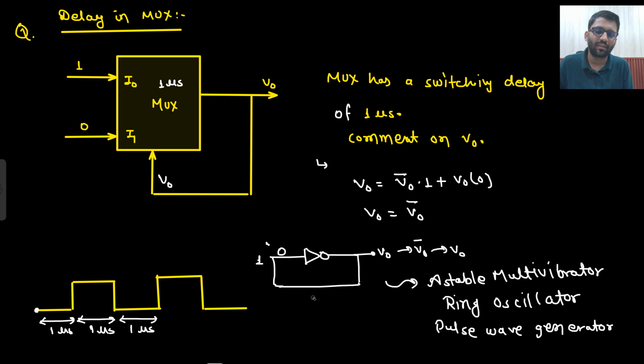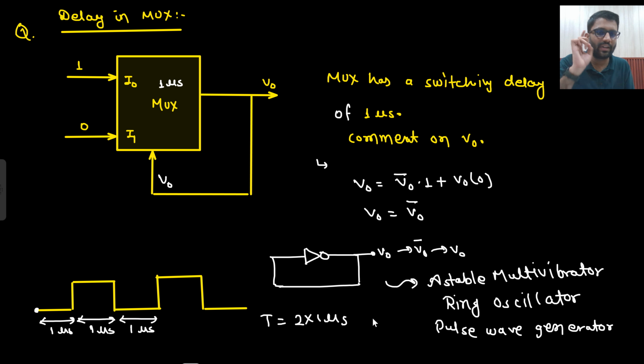So what is the time period? Time period is 2 into total delay. What is the total delay? That is 1 microsecond. Sorry, the time period is 2 microsecond, since 2 into total delay is 2 microsecond.